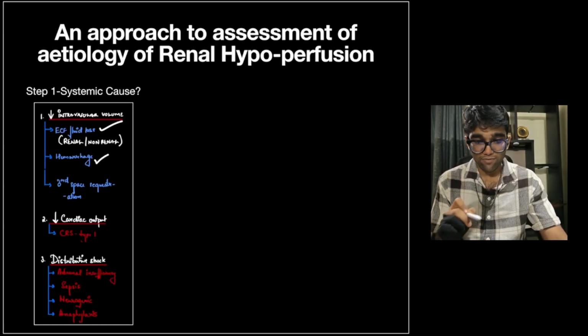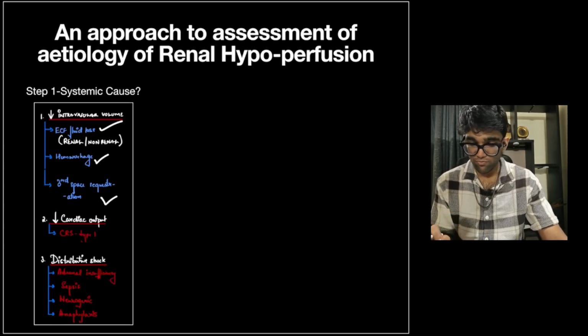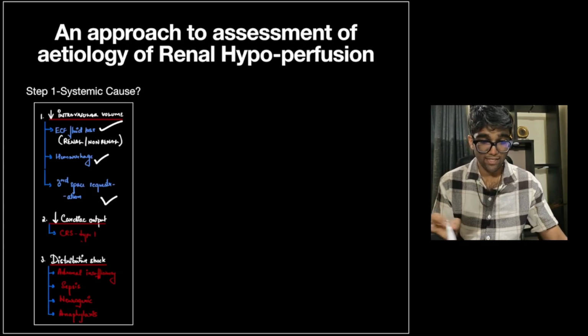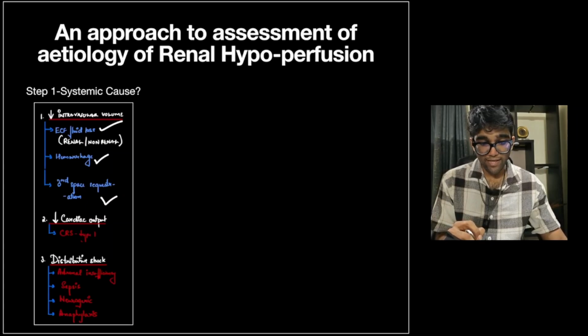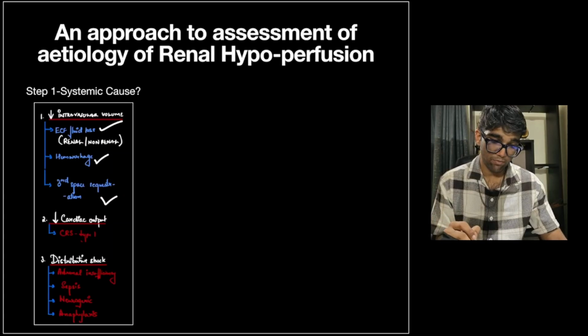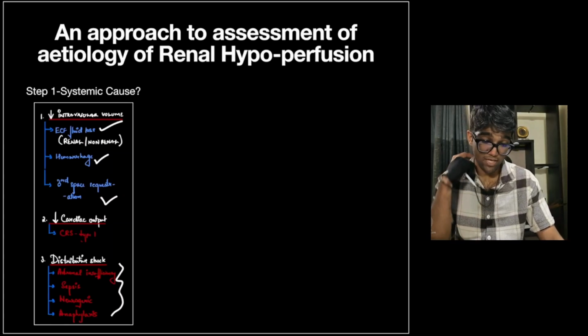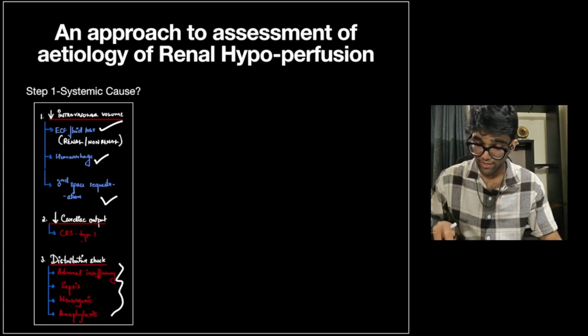Then you could have hemorrhage, or third space fluid sequestration, as would happen with severe hypoalbuminemia or CLD. Decreased cardiac output in this context is then called cardiorenal syndrome type 1. Distributive shock can obviously be of 4 types: adrenal insufficiency, septic shock, neurogenic shock, and anaphylactic shock.